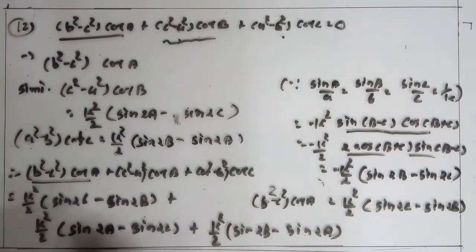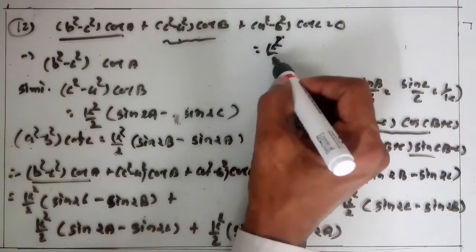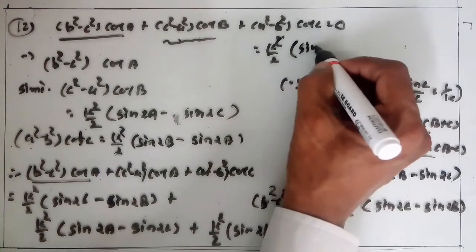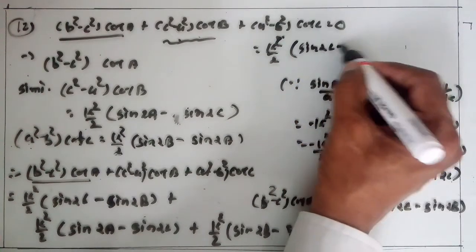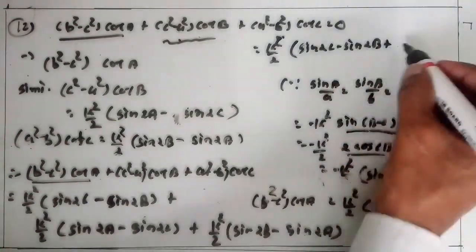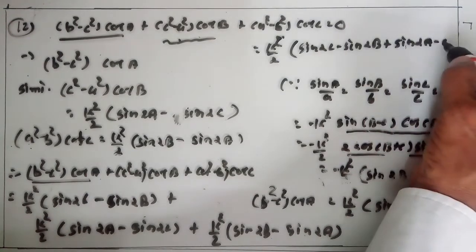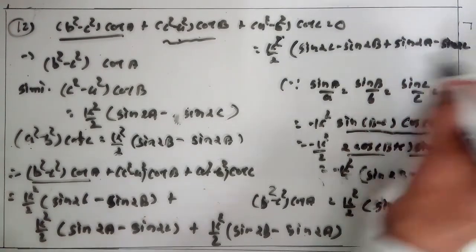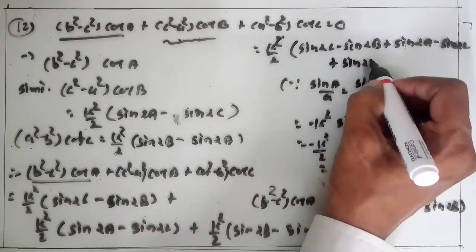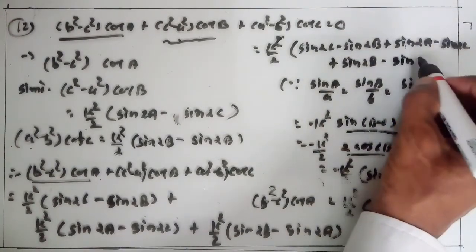Now k²/2 taken common. So k²/2 into bracket: sin 2C − sin 2B + sin 2A − sin 2C + sin 2B − sin 2A.